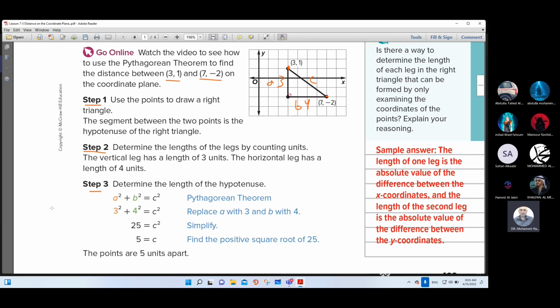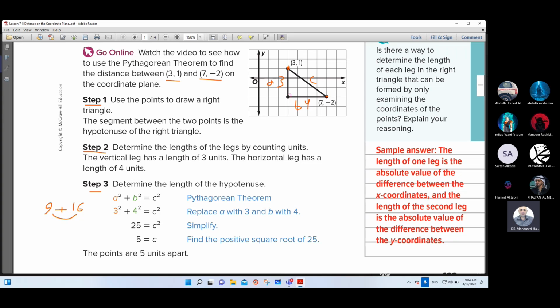Now 3 squared means 3 times 3, which is 9. And 4 squared means 4 times 4, which is 16. And 9 plus 16 is 25. So c squared equals 25.